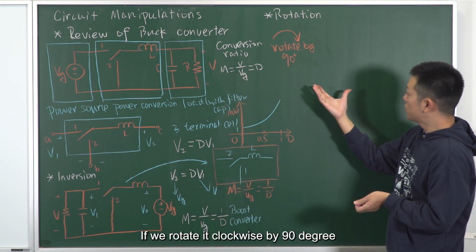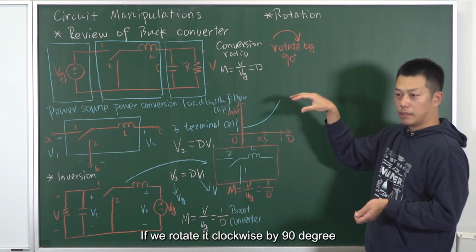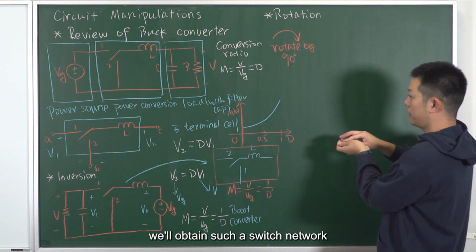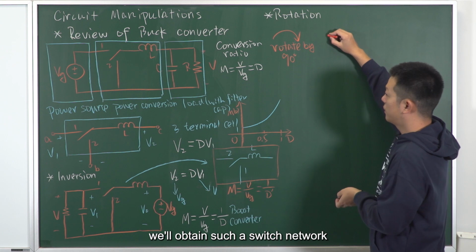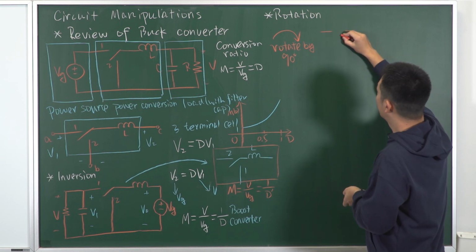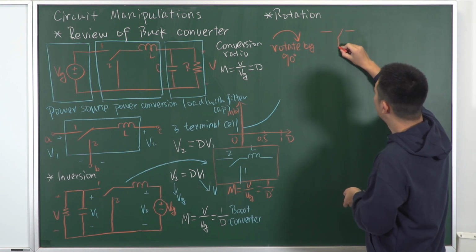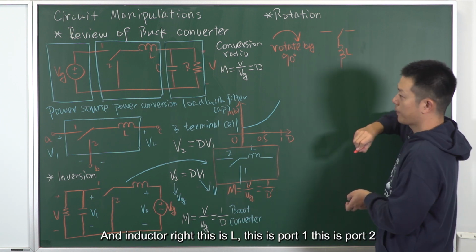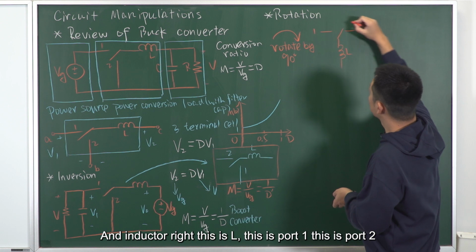If we rotate it clockwise by 90 degrees, we will obtain such a switch network and the inductor, right? This is L. This is port 1. This is port 2.